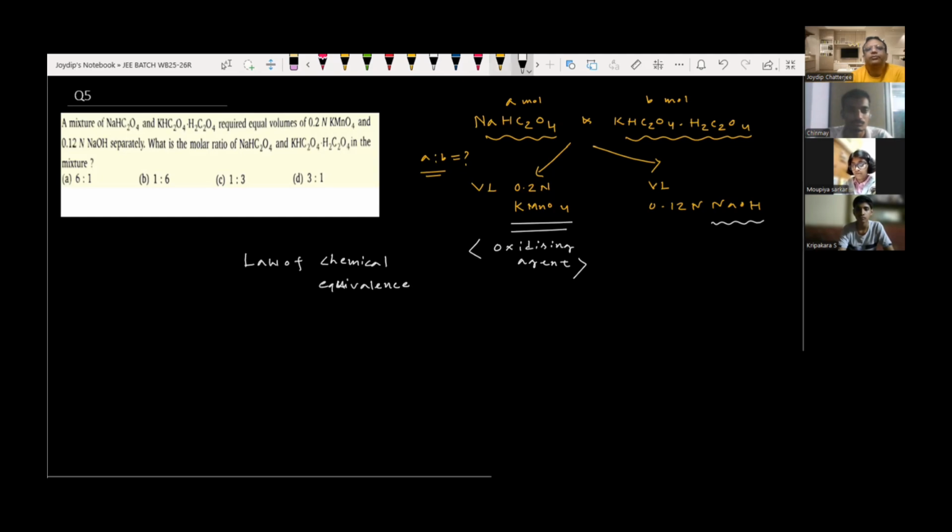So, according to this law, if I consider reaction with KMnO4, it is KMnO4 in acidic medium, because generally in redox titration we prefer acidic medium.